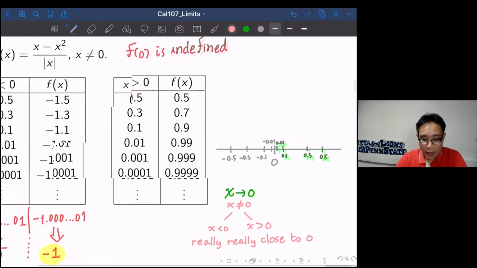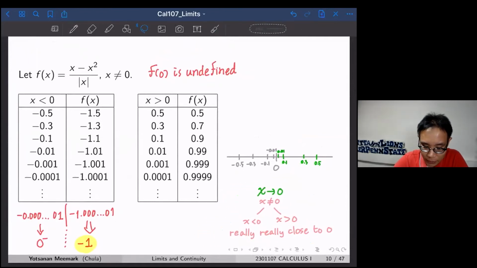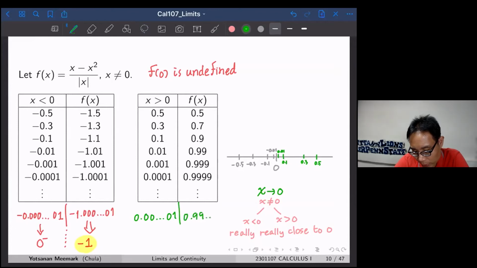And you see from this calculation that if x is 0.01, the value is going to be 0.99. If x is 0.0001, the value will be 0.999. So it's going to turn out to be very, very close to 1.